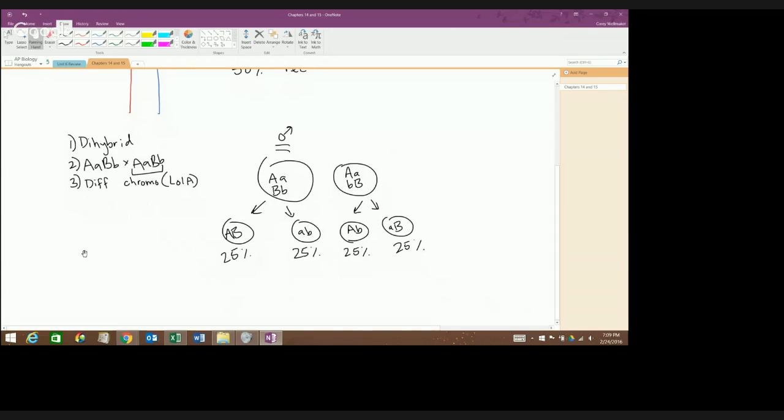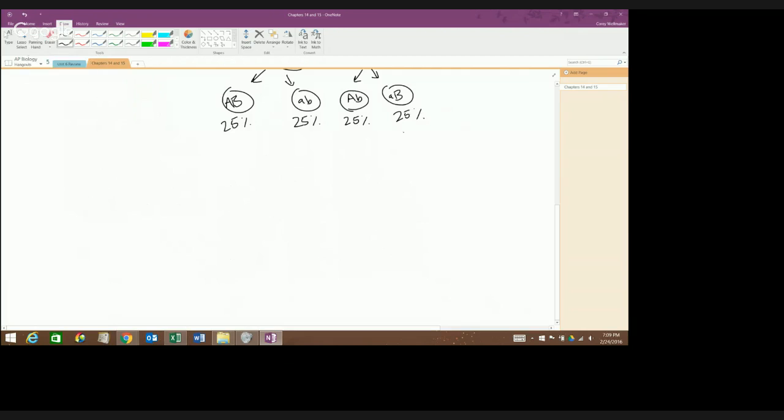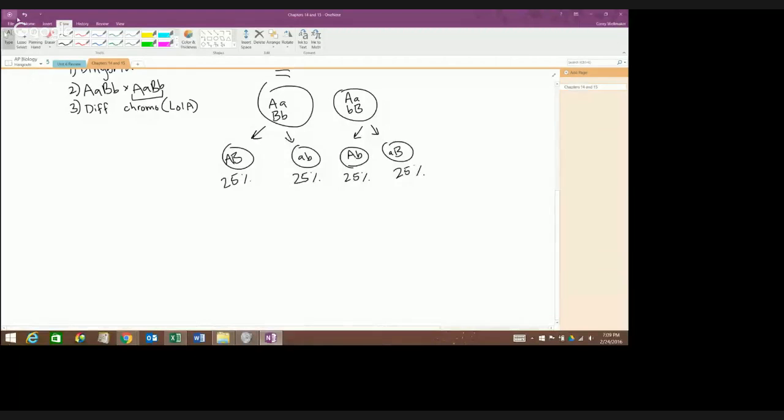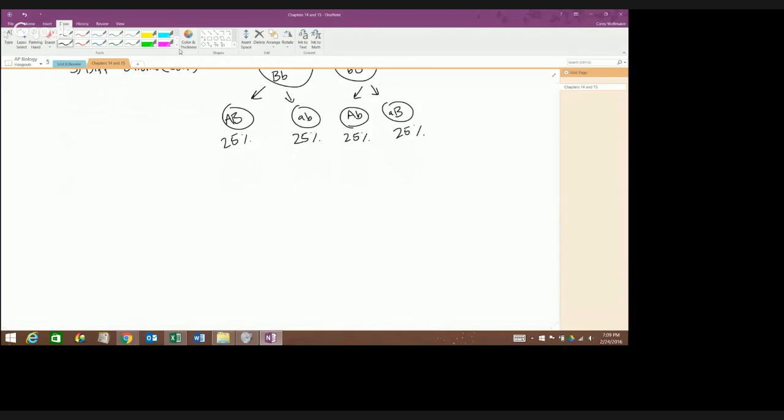When fertilization happens, obviously this fertilization is going to be random, each gamete is equally likely to do the fertilization. This gamete doesn't have some sort of edge on the other gametes. If we were to construct a Punnett square, which you probably should try to get away from doing because they're time consuming and they don't really work for a trihybrid cross, they do work, it just takes an enormous amount of time, we can see all of the possible outcomes due to fertilization.